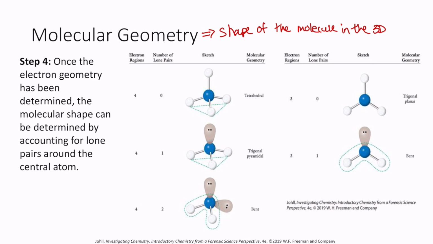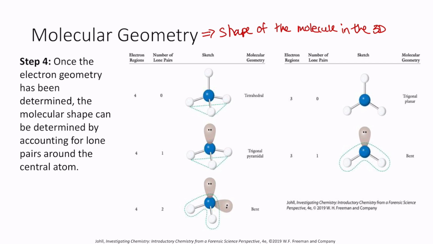And this is important to know because we need to know how it's going to behave in the 3D. Because chemical reactions don't happen in two dimensions, they happen in 3 dimensions. So as soon as you have your electron geometry, then you can figure out the molecular shape.